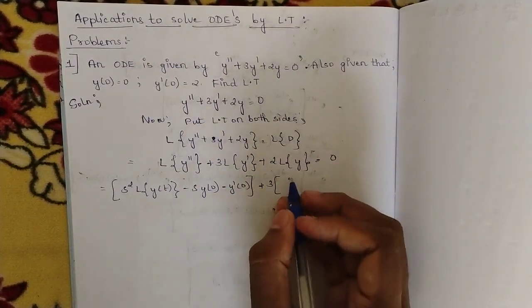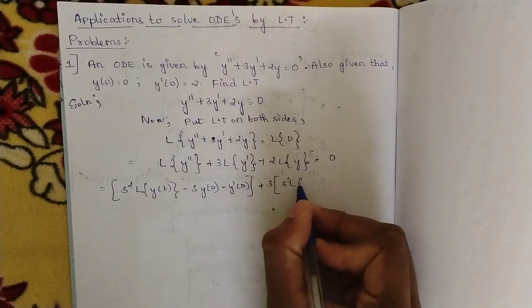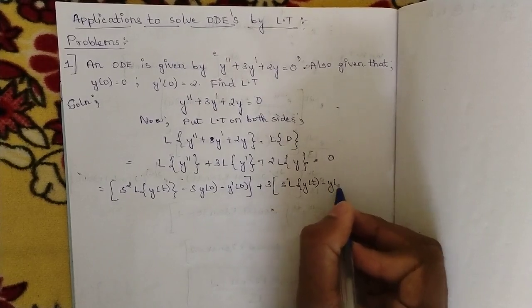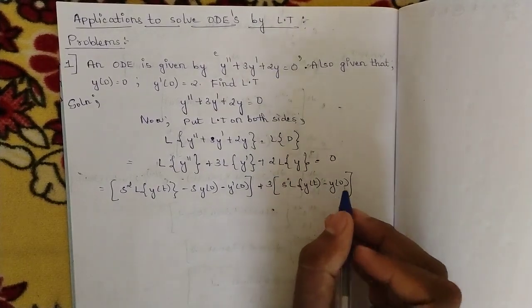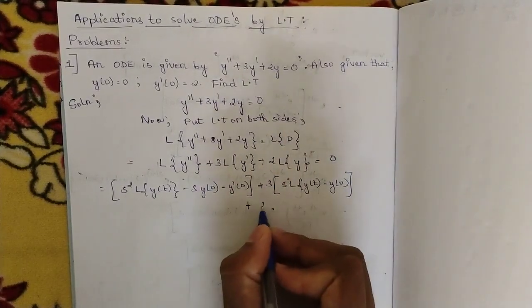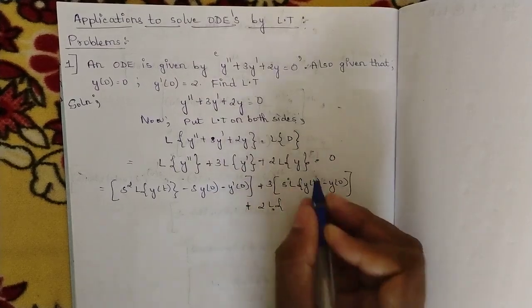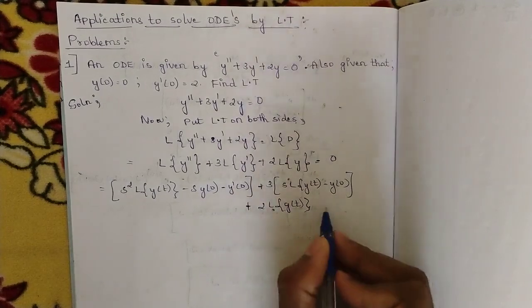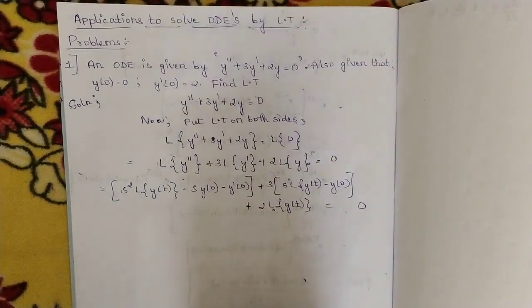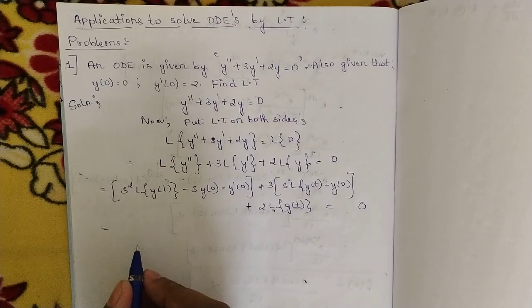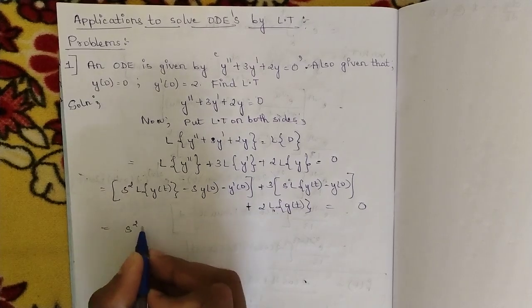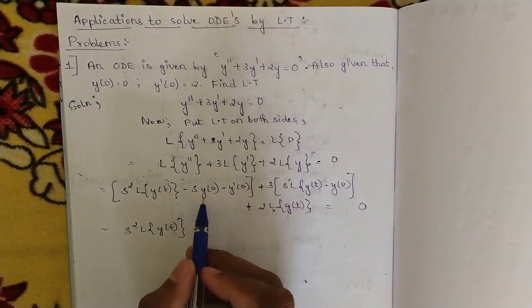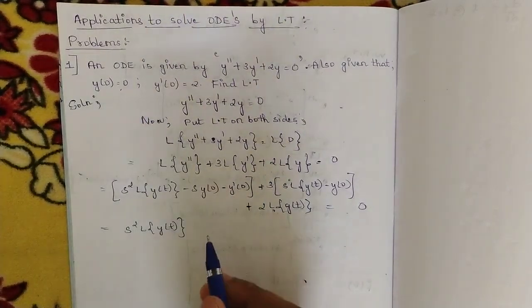L of y dash is given by s into L of y of t minus y of 0, plus 2 into L of y. L of y, or you can write it as L of y of t, it is one and the same. The whole thing is equal to 0. Now s square L of y of t. So what is y of 0? According to the question, it is 0, right?